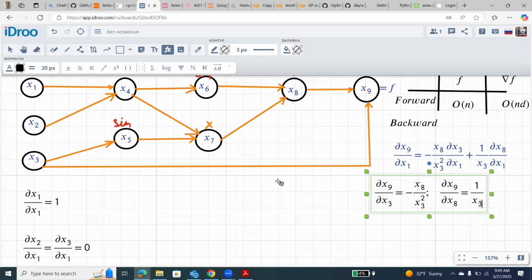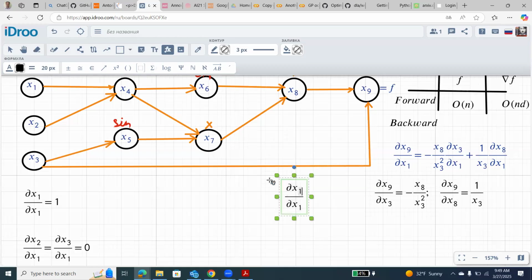Then we will move to the upper last node and take the derivative of x8 with respect to inputs, with respect to x6 and x7. And because x8 was the addition, we know how to calculate these derivatives.